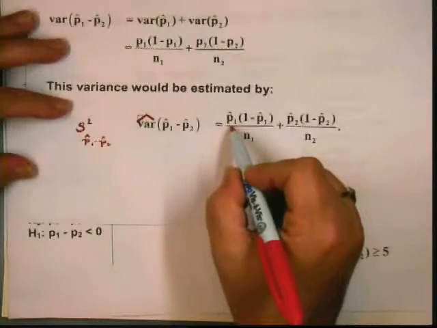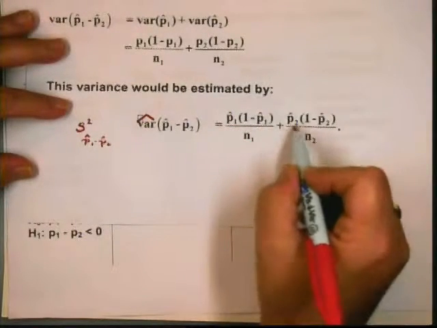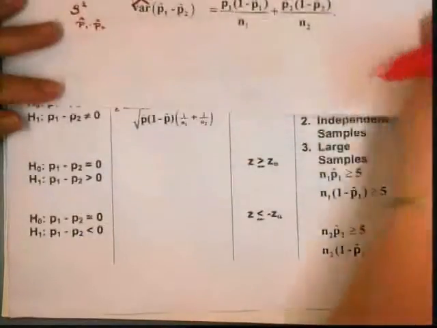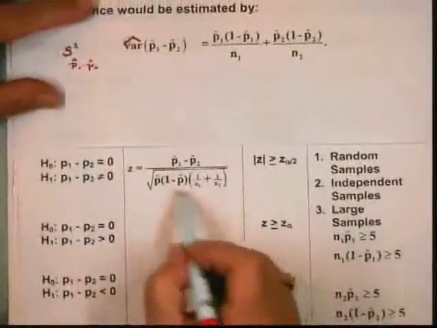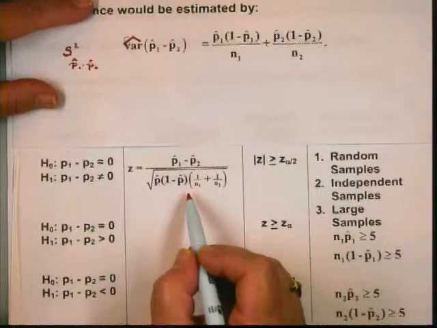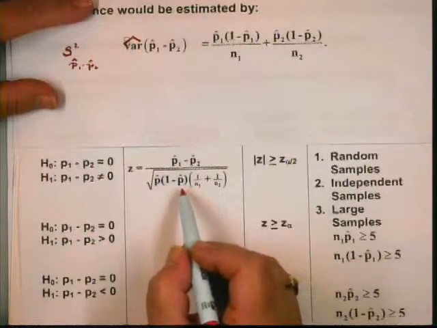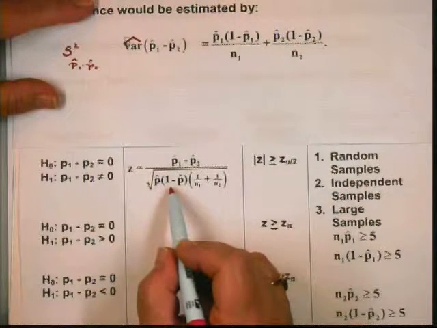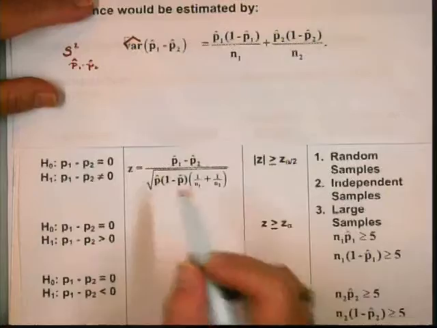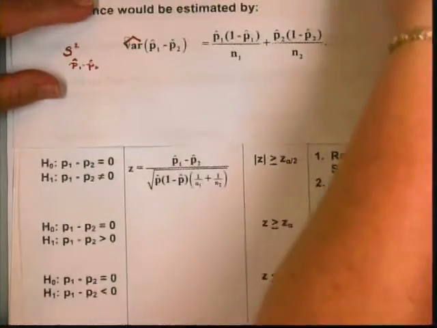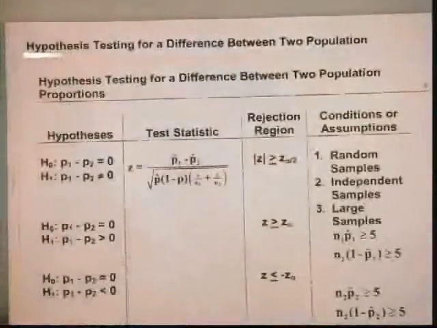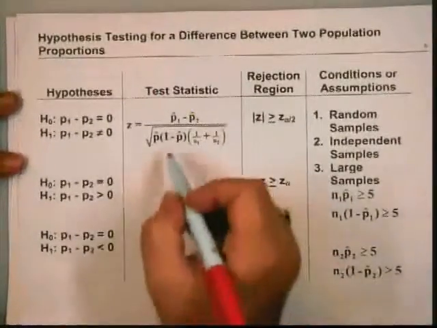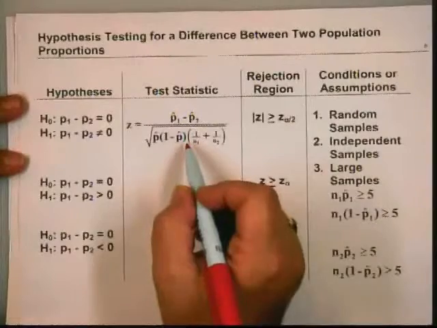I replaced the P1 hat and the P2 hat here with that common estimate P hat, factor it out, and I get this expression under the square root. So this is imposing the condition in H naught everywhere I possibly can. If I still end up with something extreme, then H naught must not be true. So that's what's going on down here in the denominator.